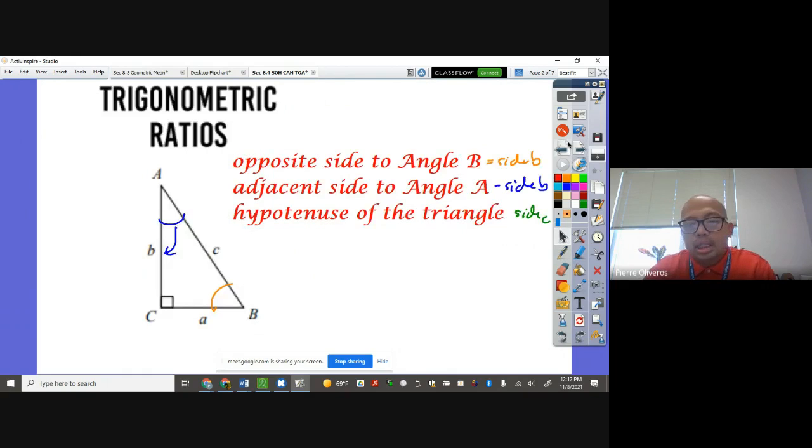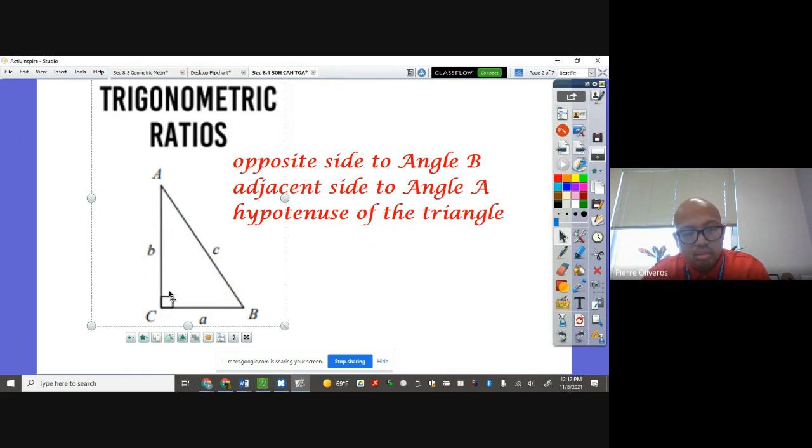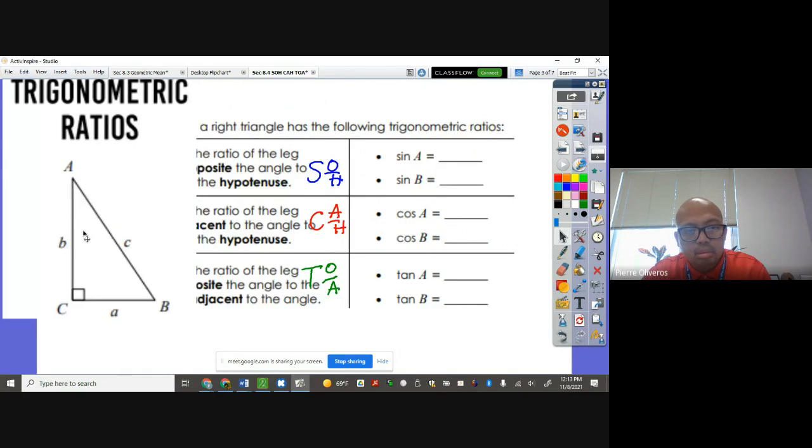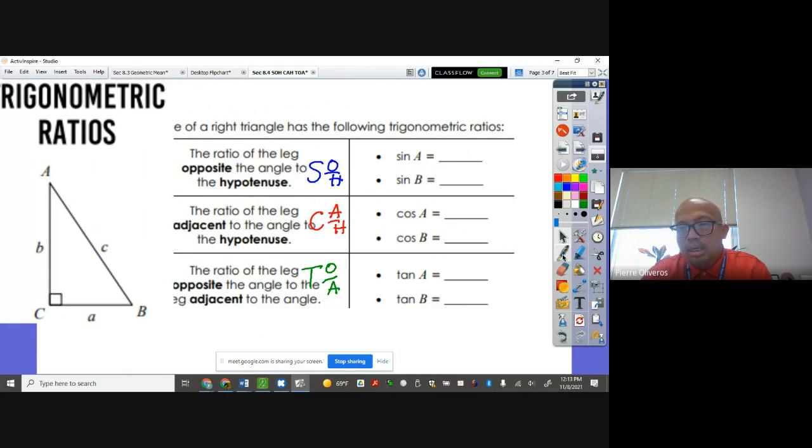If we look at this picture here, for our sine A, that means we go to angle A. Angle A is right here. The opposite and the hypotenuse.